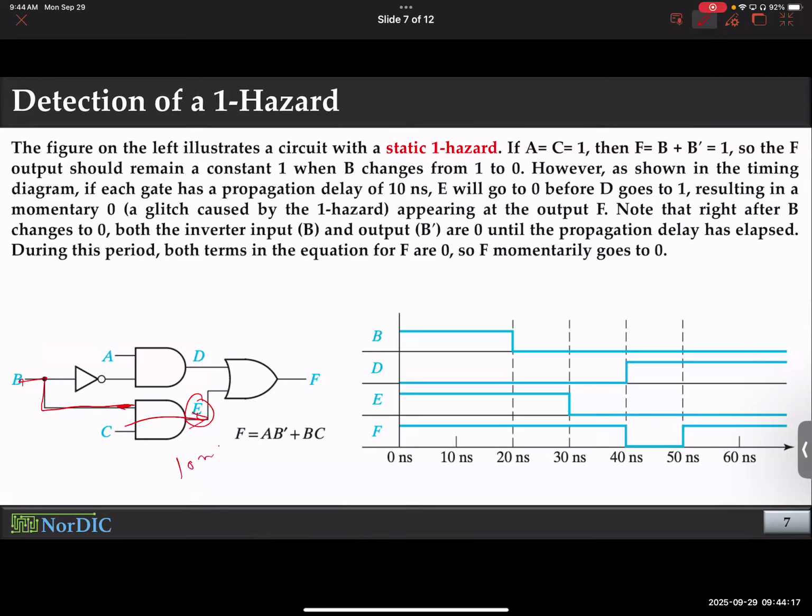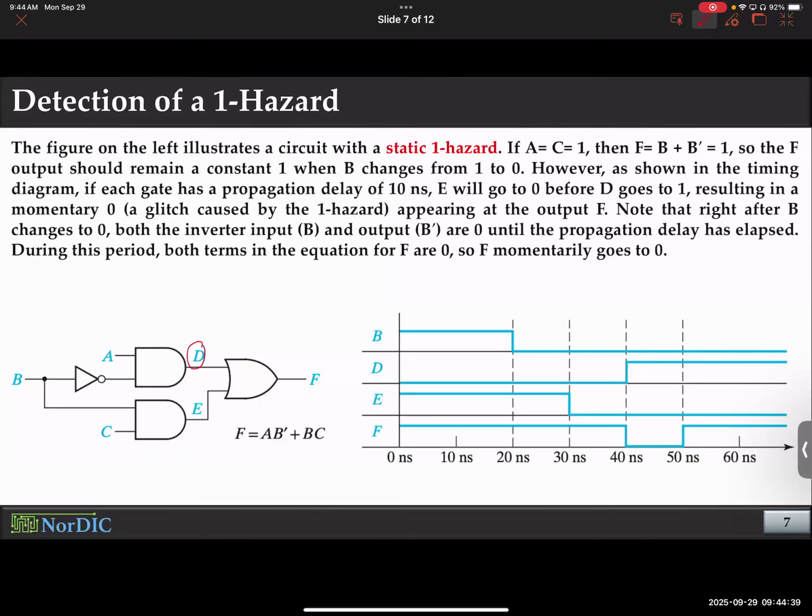So you have 10 nanosecond delay instead of 20 nanosecond. So the same input leading to these changes, but the outcomes are appearing at different time frames because of the number of stages. Okay. So E is settling sooner than D. Are you guys all with me so far? Okay, hold on a second.